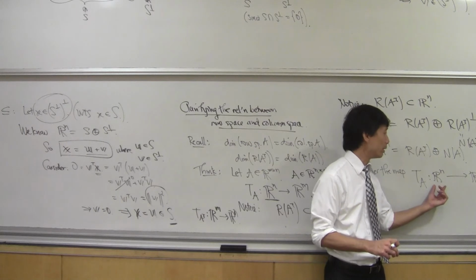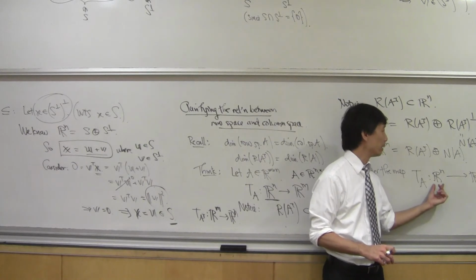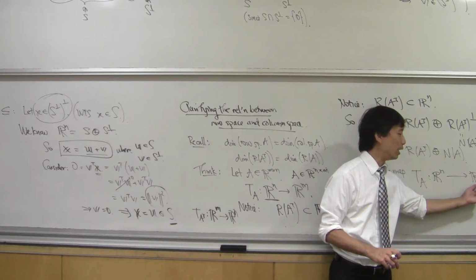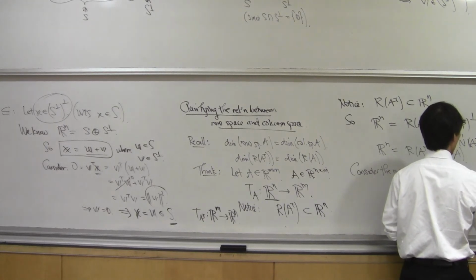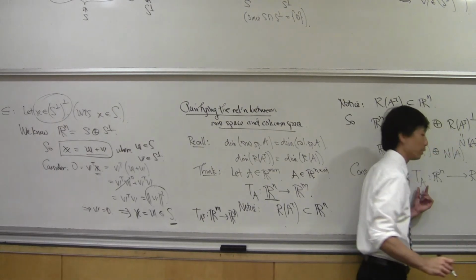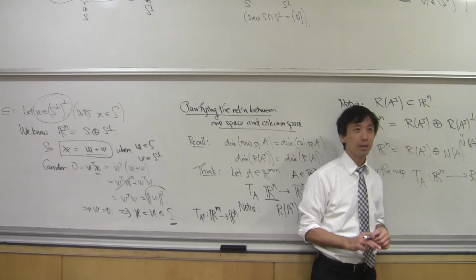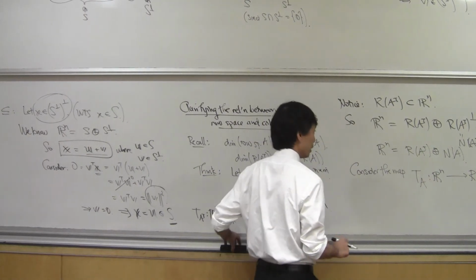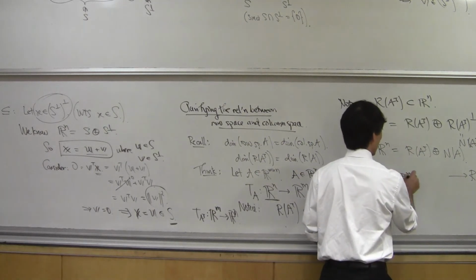T sub A is going to map onto the range of A. So I'm just going to replace this by the range of A. This thing lives inside of Rm. T sub A is going to map onto the range of A inside of Rm. So we've got T going from Rn to the range of A.